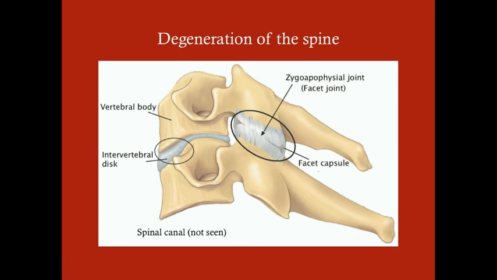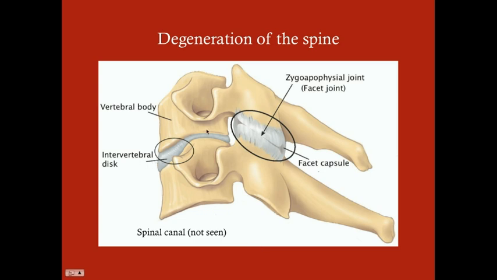And remember, that's just the superior articular process of one vertebra joining with the inferior articular process of the vertebra above it. This is actually a true synovial joint, so you actually have synovial fluid here, and this is commonly affected in patients with osteoarthritis because that affects synovial joints.